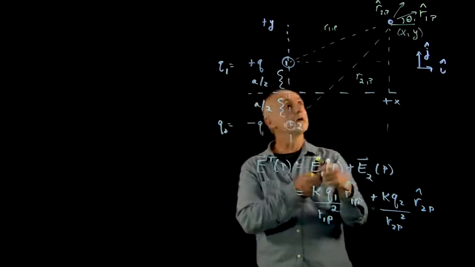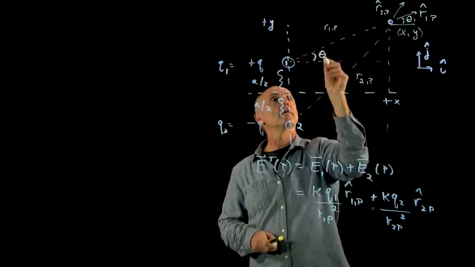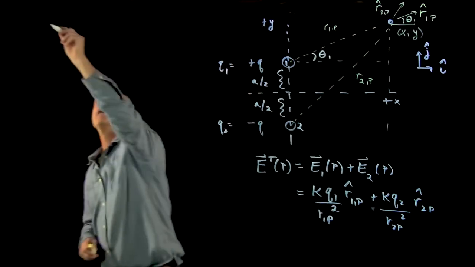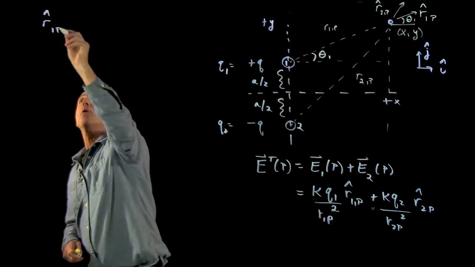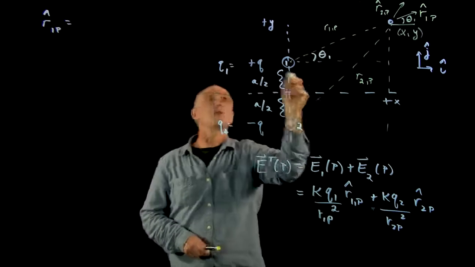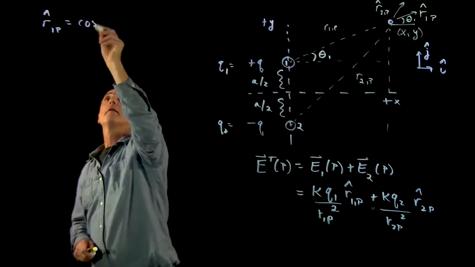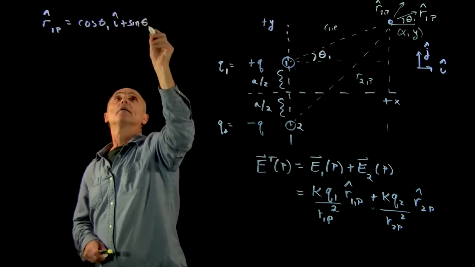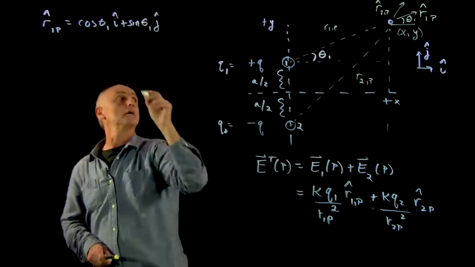So once again, there's just vector decomposition. We have that r hat 1P, well, it's going to have a cosine theta 1 i hat plus a sine theta 1 j hat.